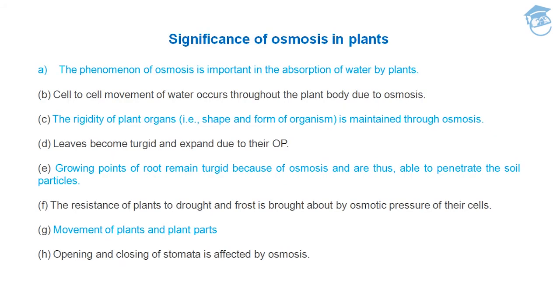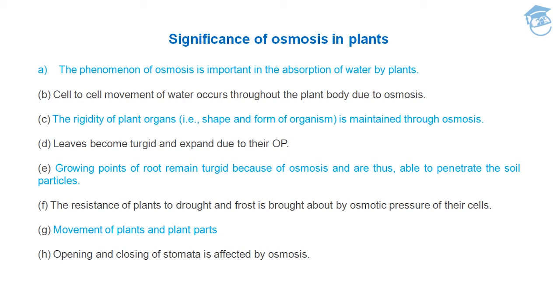Now, what is the significance of osmosis in plants, students? Osmosis is important in absorption of water by plants, obviously, and cell to cell movement of water occurs throughout the plant body due to osmosis. The rigidity of plant organs, such as shape and form, is maintained through osmosis. Leaves become turgid and expand due to their osmotic pressure.